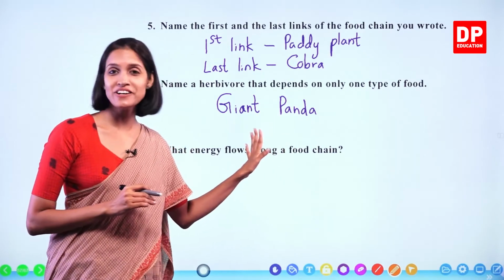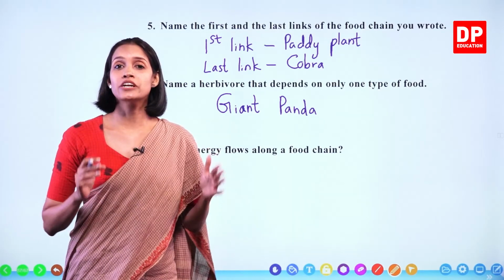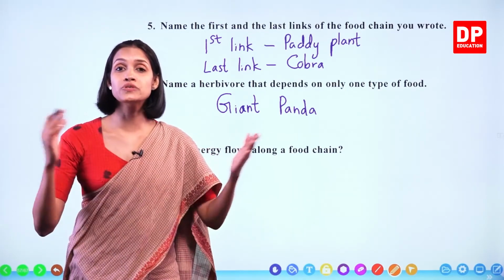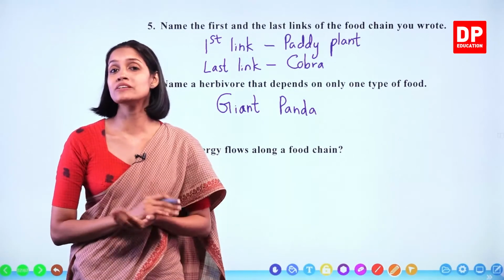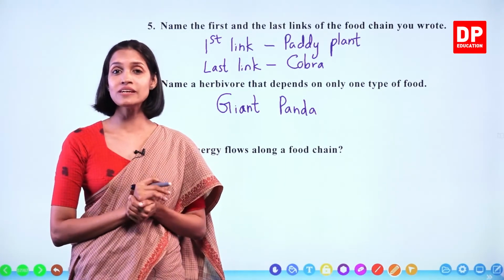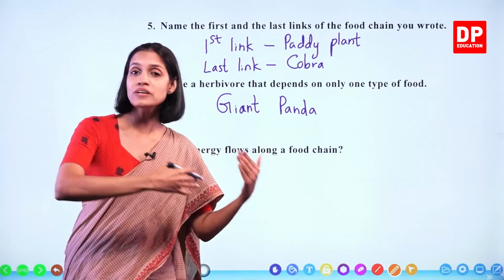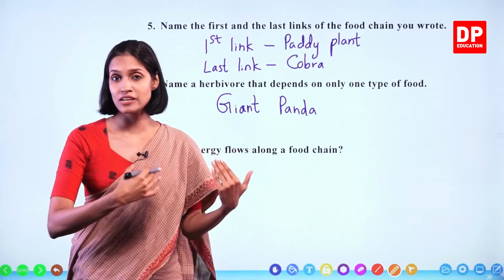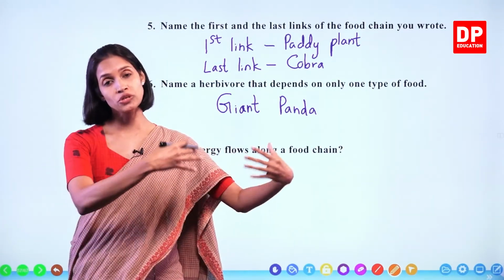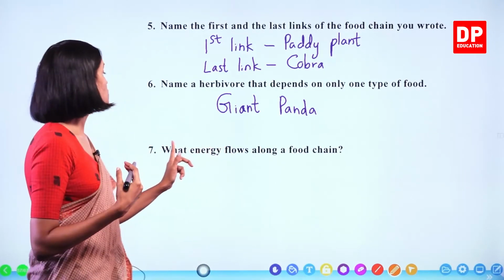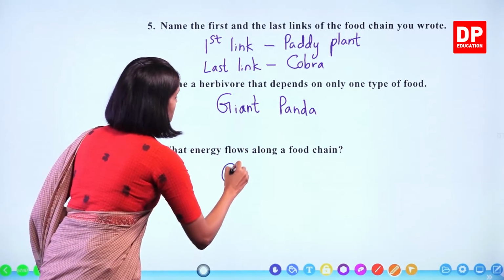Now, even this one we discussed, children. Do you remember I explained y'all? The producers can produce their food using the solar energy. But when they produce food, what type of energy is contained in the food, children? That is chemical energy. So when consumers consume or use up this energy present in plants, that chemical energy flows through the food chain. Right? So what energy flows along a food chain? Chemical energy.